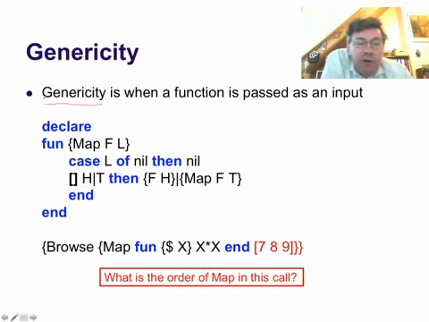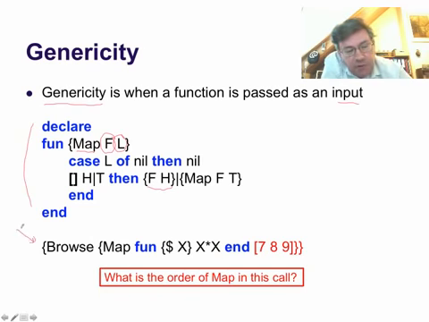Genericity in general is simply passing a function as input. So here's a simple example. We have the function map, which takes f, another function, as input and a list, and applies the function f to all elements of the list and returns a list which has the values of all these function applications.